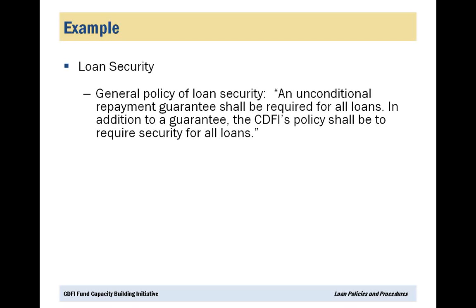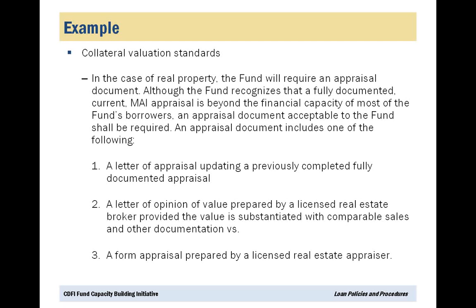So this organization has up front, they basically are saying we require an unconditional repayment guarantee for all loans. Basically, whether you're a for-profit or non-profit, you have to stand behind your loan. Clearly, there's exceptions to that where certain government programs don't allow it, but where they're saying where it can happen, it happens.